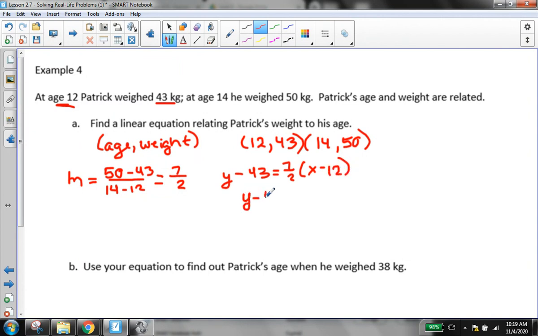I'm going to distribute to start solving for y. So I have 7 over 2x minus 42, I believe. Yep. And then I'm going to add 43 to both sides. And the equation I'm coming up with is y equals 7 over 2x plus 1.